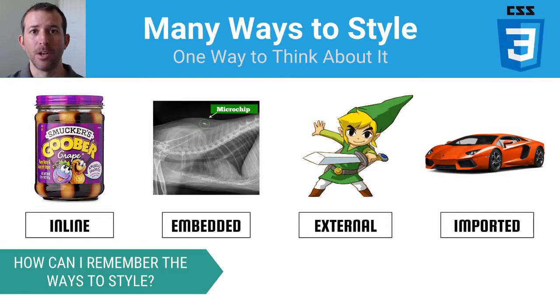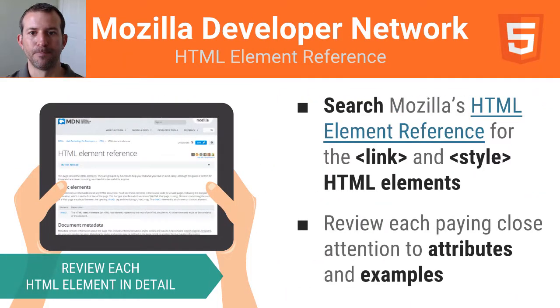And then imported, we use the @import keyword to bring style sheets into another style sheet. So import is a way of bringing CSS rules from separate, disparate style sheets into a single style sheet. That's how you can remember the 4 different ways to style.